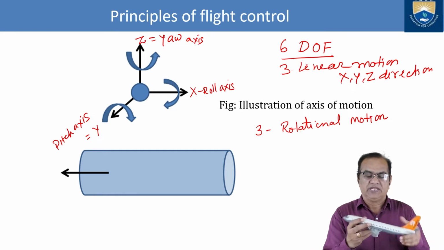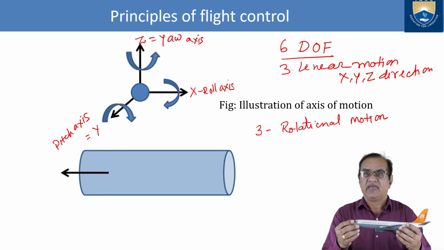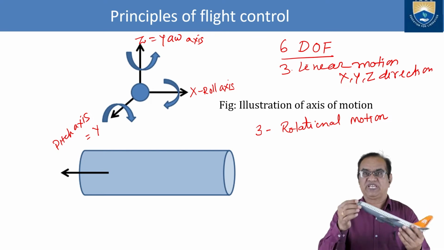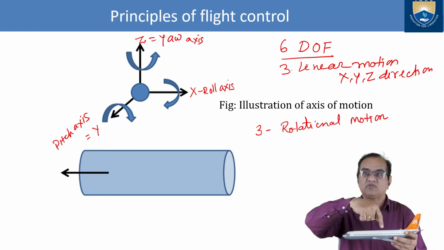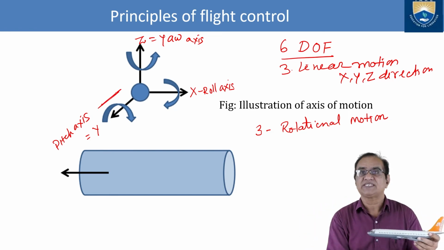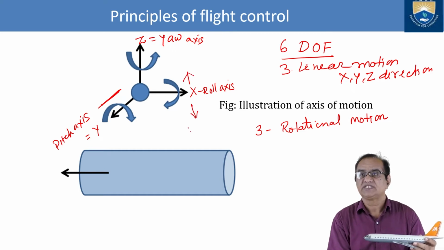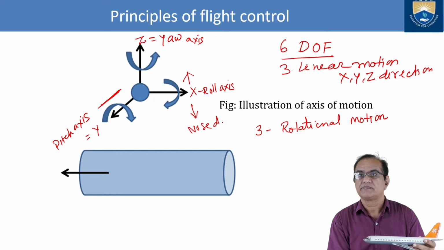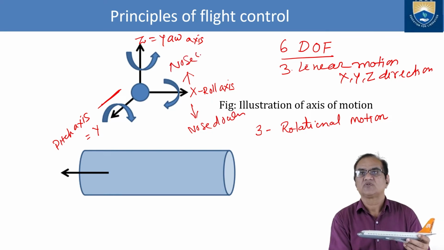You can see the aircraft pitching nose up or nose down with respect to the y-axis. Here this is your y-axis, and the x-axis will go either this way or this way. This is nose down and this is called nose up.